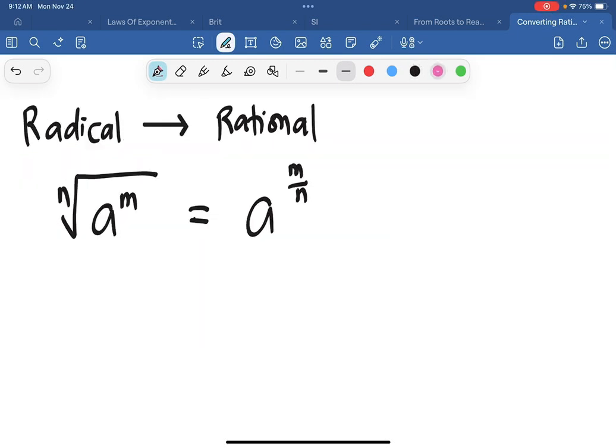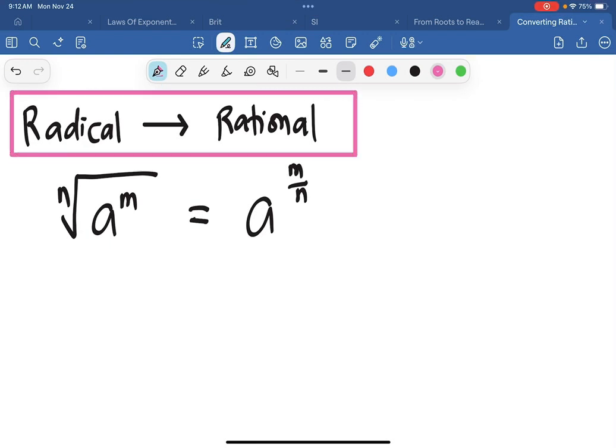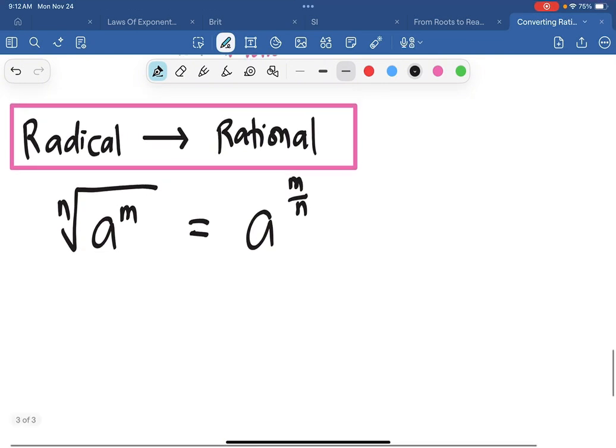And for radical to rational, again, we just need to identify n and m and their roles. For n, this is our index, the denominator of a fractional exponent, and m is the numerator.